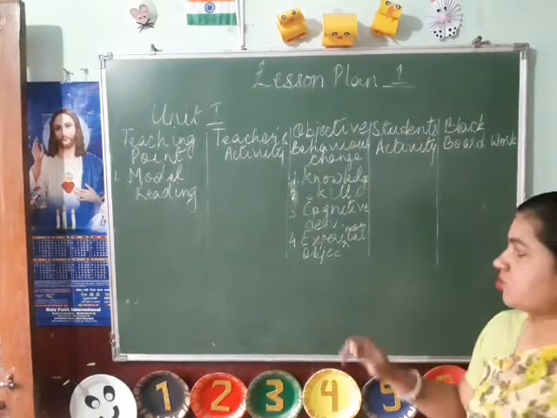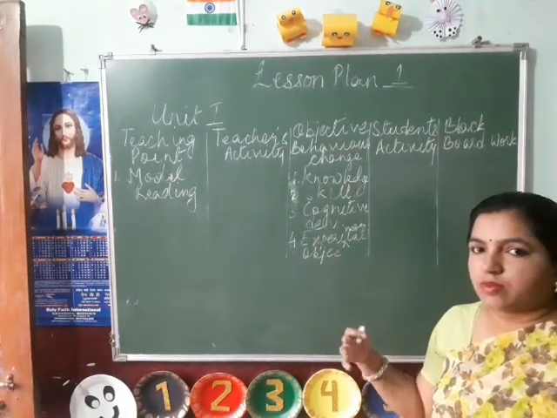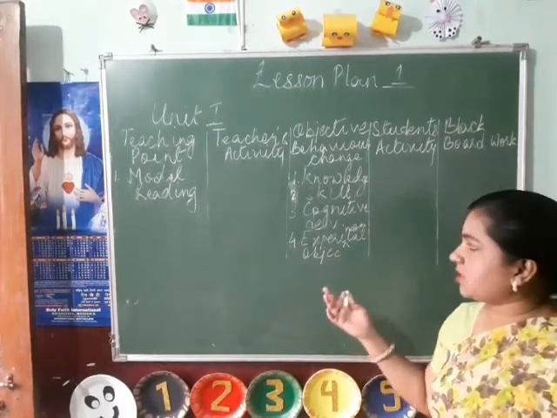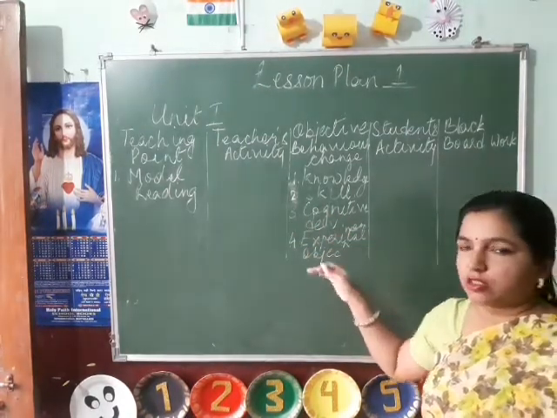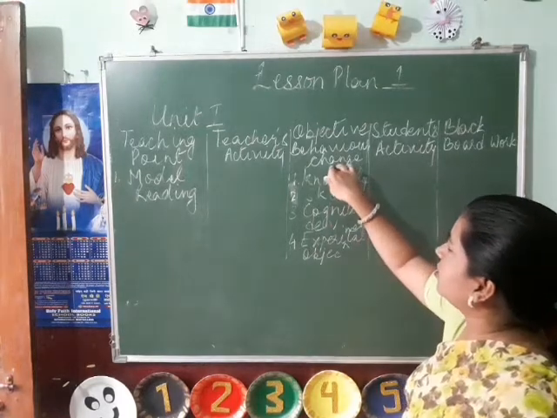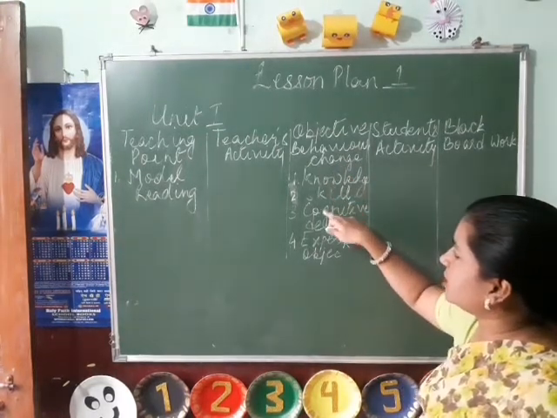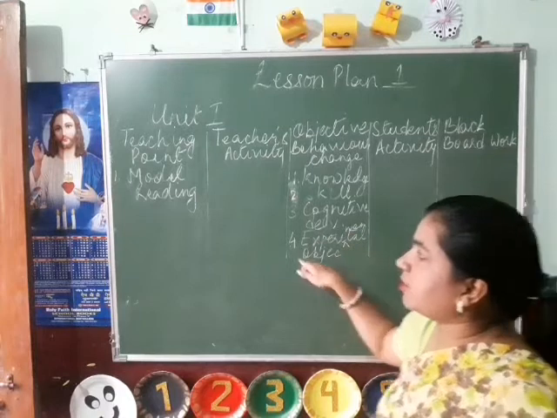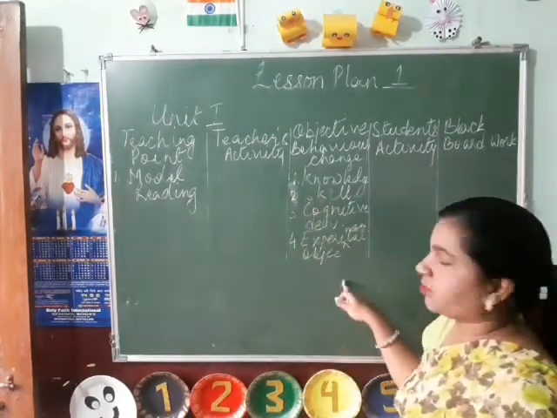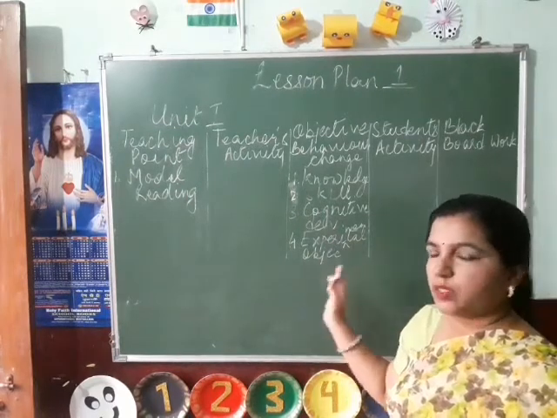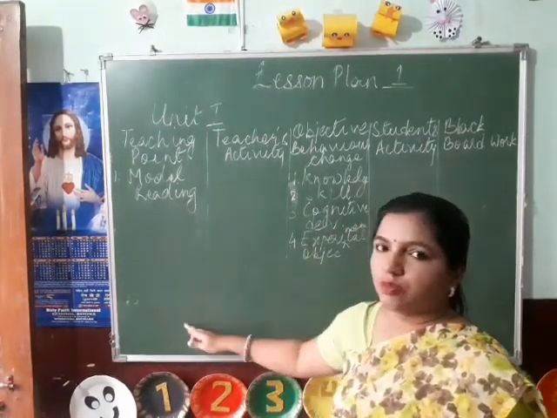That means the students know how to test something, they know how to read, to listen to the teacher and then grasp it. All these things are there. So in the objective of behavioral changes, these 4 points are there, and according to your teaching objective, you will use these 4 points. These 4 points may not be used in every teaching point.